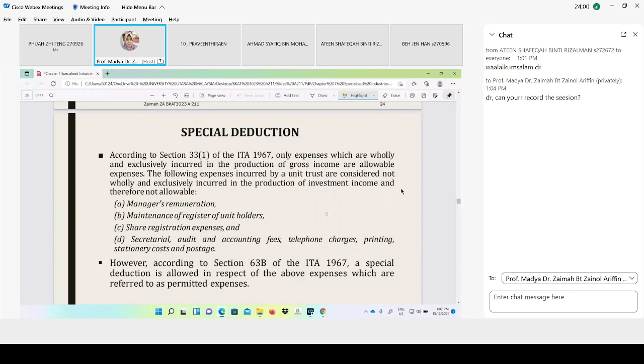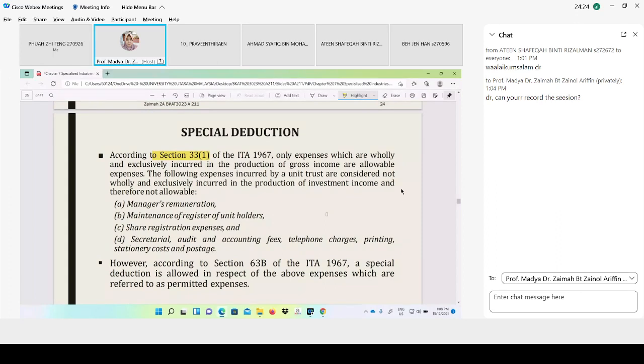Similar to the ISC non-listed, unit trust also has permitted expenses, which we call special deduction. This special deduction is because you cannot trace these expenses under section 33, similar with non-listed ISC.